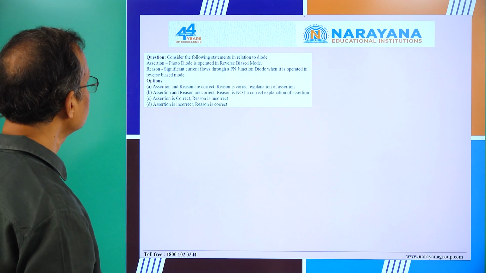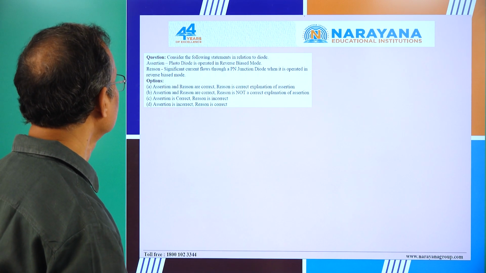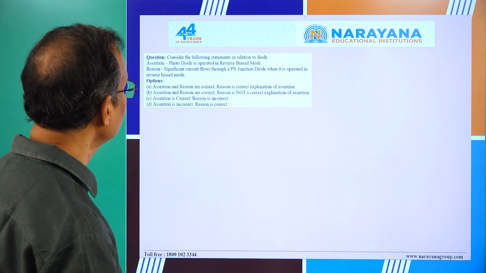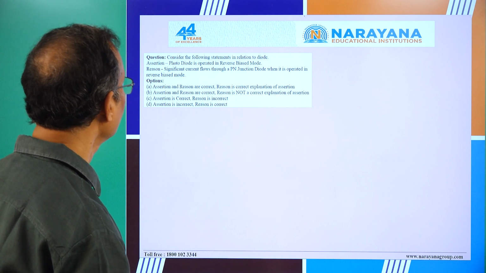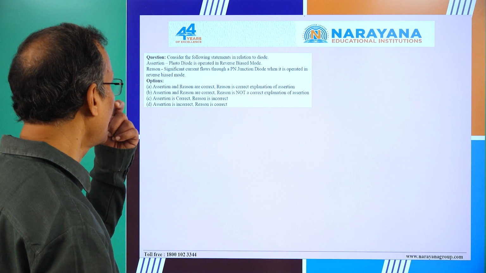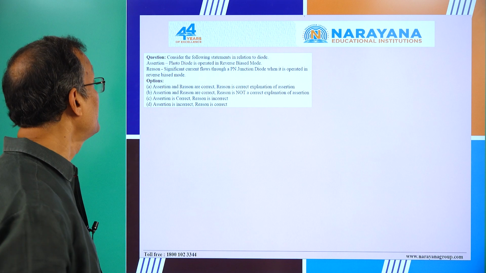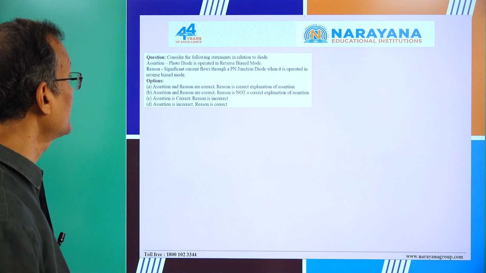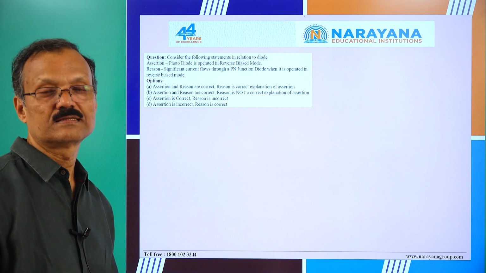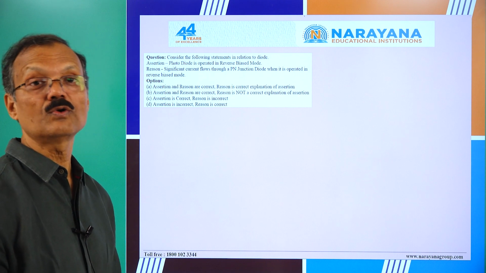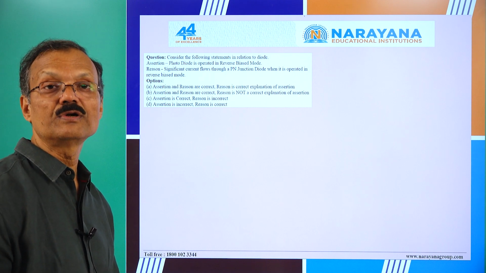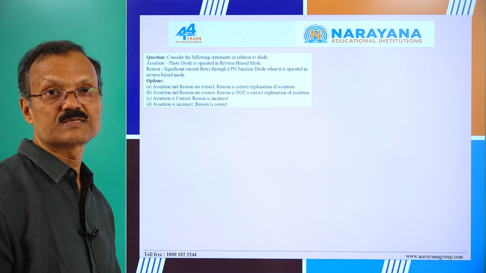So the first statement, assertion, is correct. Second, photodiode is operated in reverse bias mode, and in a PN junction diode, yes, in reverse bias mode current is less, but they are asking you whether significant current is flowing or not. Yes, significant current is flowing, and you know that a Zener diode works only in reverse bias mode.